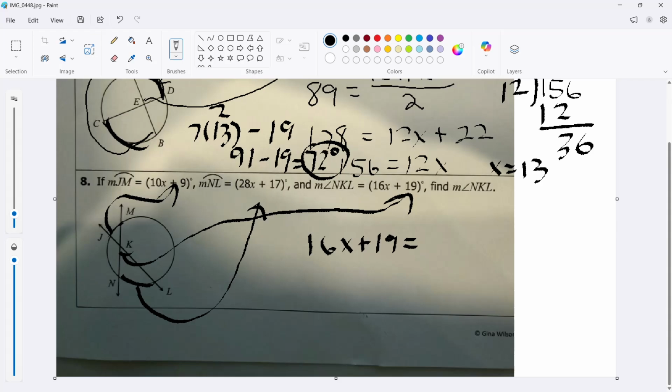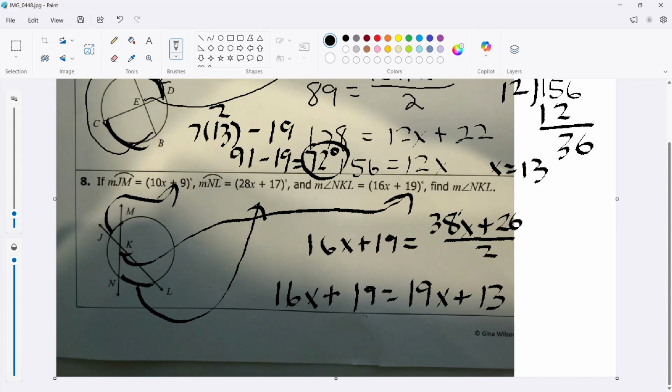So 10x plus 9 plus 28x plus 17, which is 38x plus 26, divided by 2. So I got 16x plus 19 equals, I'm just going to divide each one of those numbers by 2, 19x plus 13.